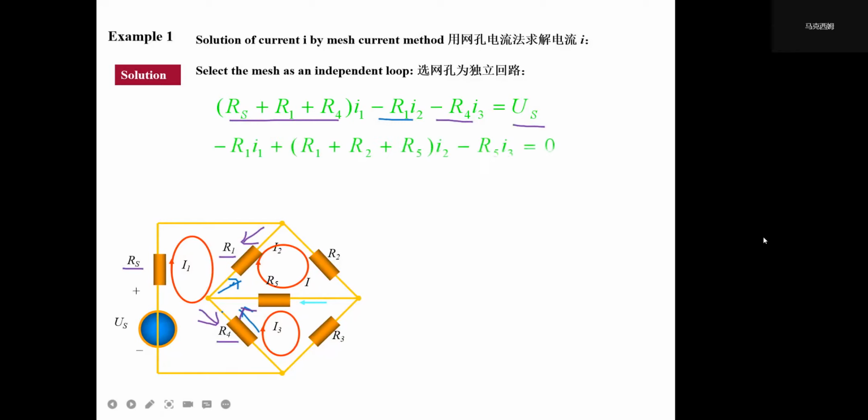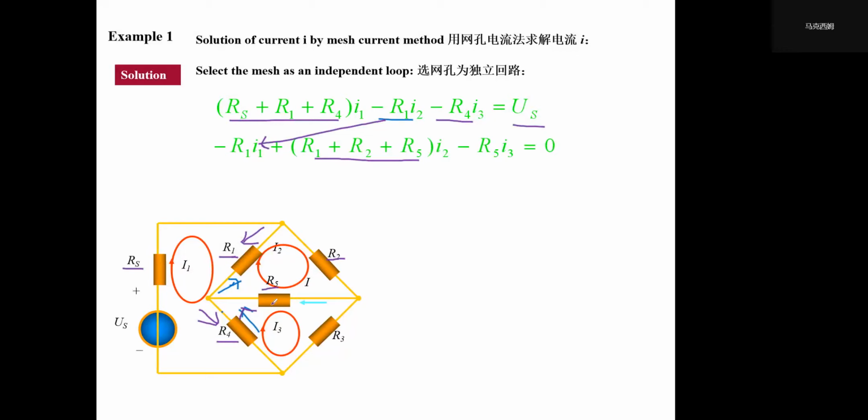And for the second loop, we see that it has three resistors, R1, R2, and R5. So we just simply directly copy their mutual resistance here with the first mesh.